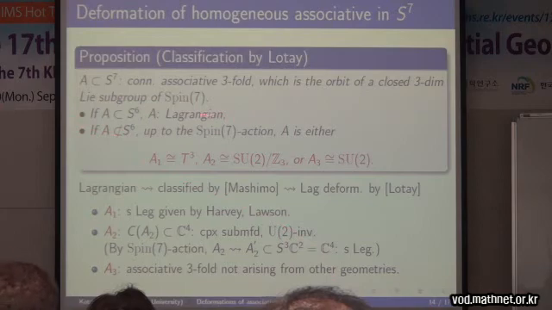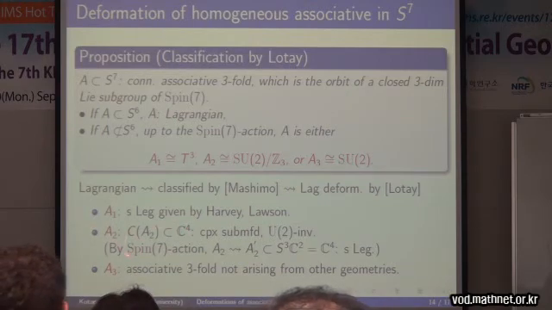In the first case, the homogeneous Lagrangian submanifolds are classified by Professor Massimo, and the deformations of Lagrangian submanifolds are considered by Professor Lotay. This part is already known. So we mainly focus on the second part, A1, A2, and A3.